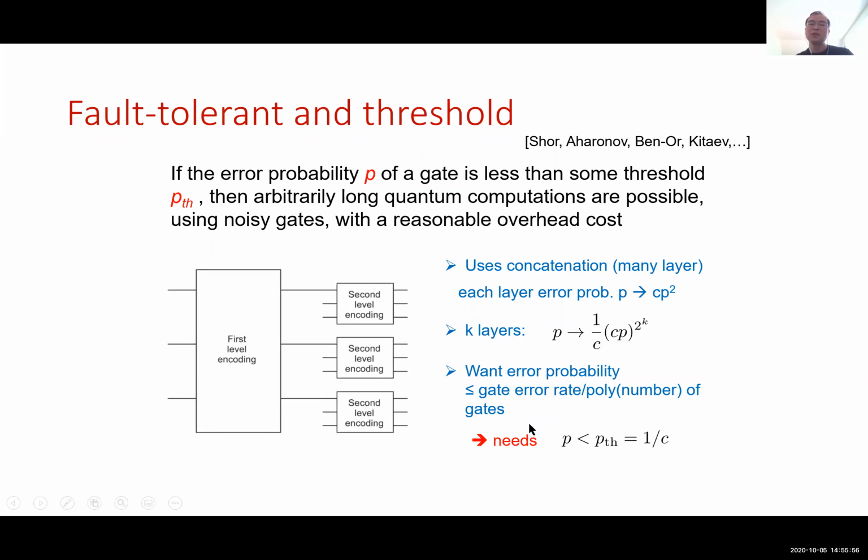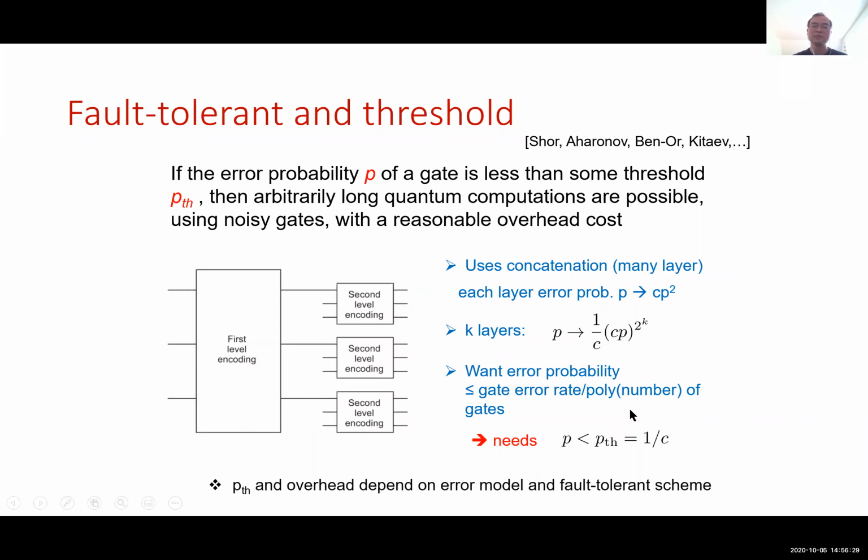So that means if the physical error is small enough, smaller than a certain threshold, then you can have fault-tolerant quantum computing. The threshold depends on the error model, and on a lot of other things, for example connectivity, the code, etc. It can range from 10 to the -4 to 10 to the -2.